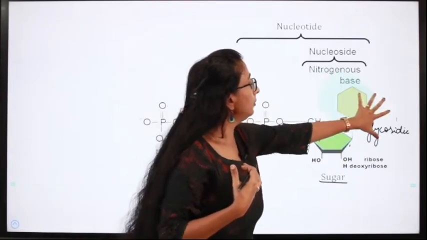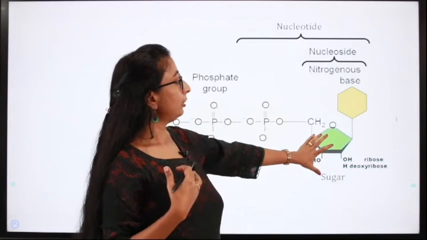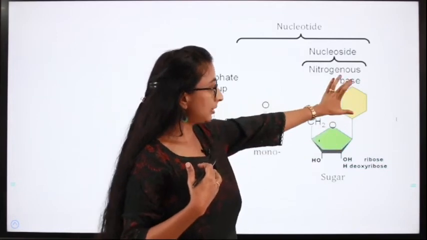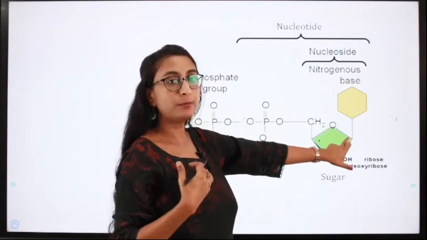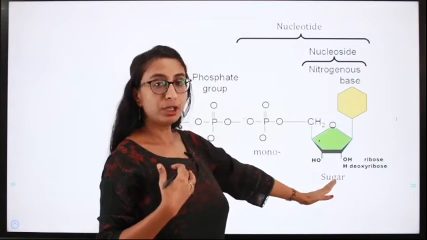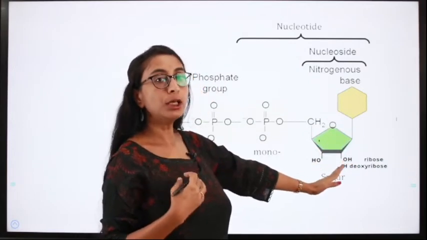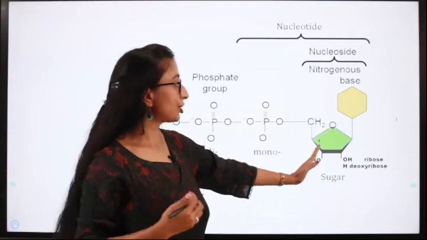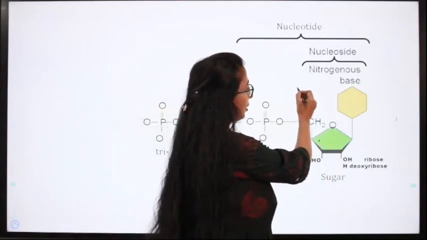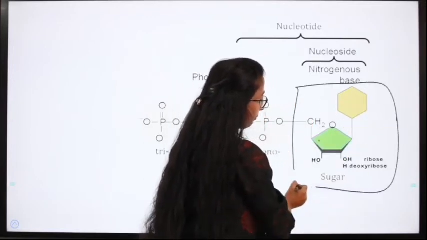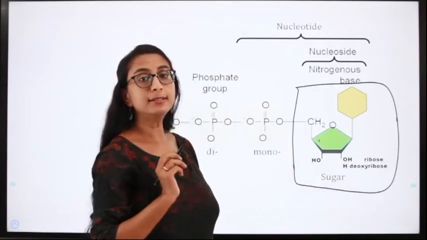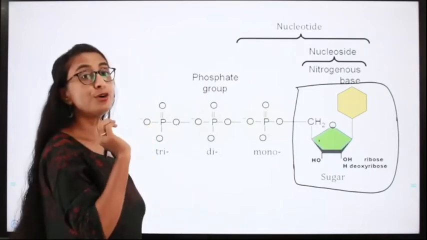So, a sugar molecule is attached, a nitrogenous base is attached to the carbon 1 atom of the sugar molecule through a glycosidic linkage, and this combination of the nitrogenous base with the ribose sugar is called a nucleoside.